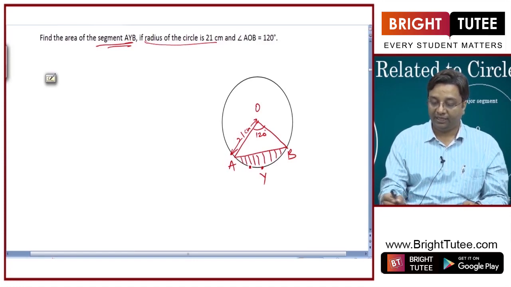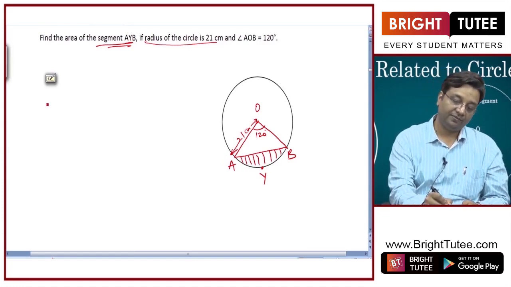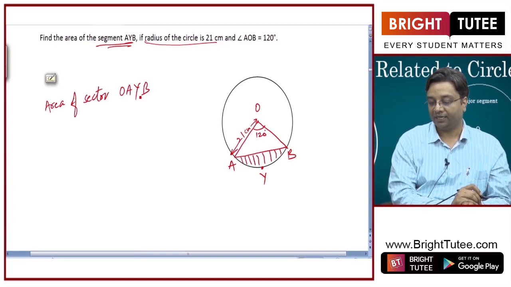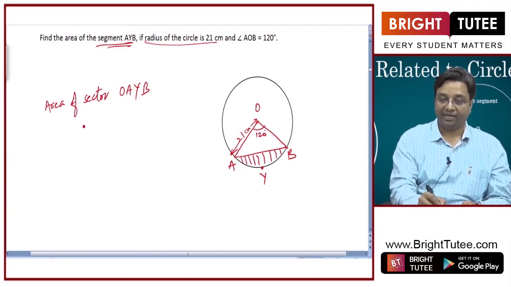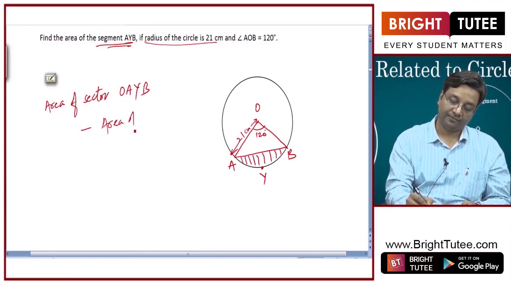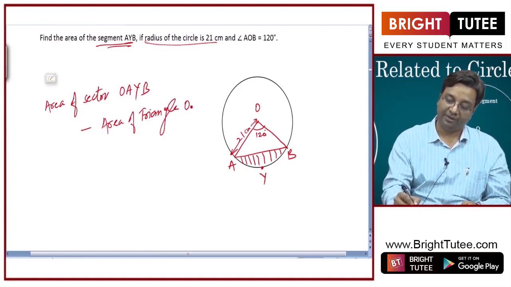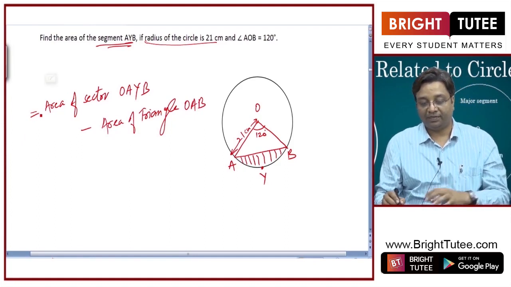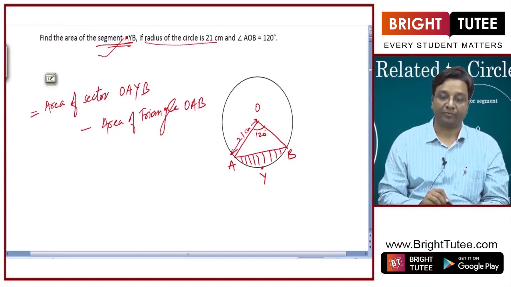So to calculate the area of this segment, what I need is the area of sector OAYB, right? If I get the area of sector OAYB, I can subtract the area of triangle OAB from it. Now this will be the area of segment AYB, right?